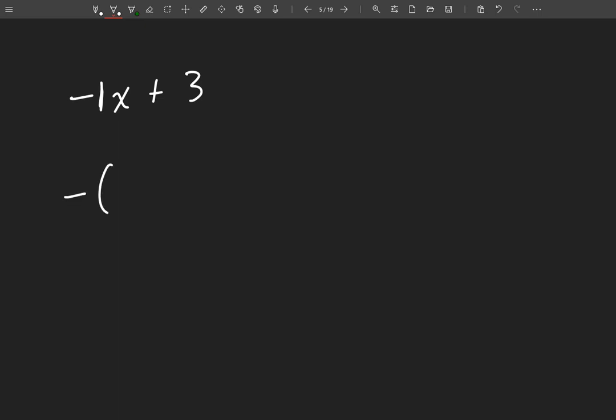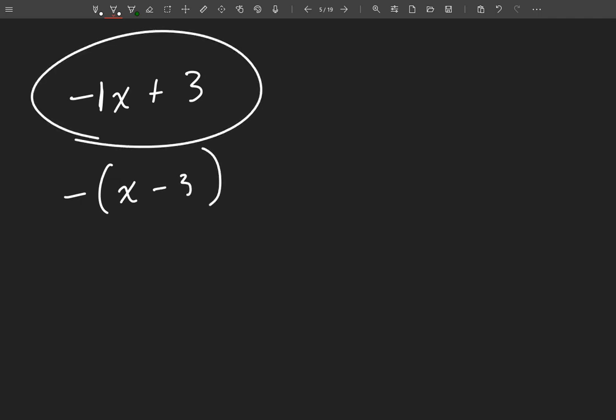Well, when I do that, I'm dividing by negative 1. I'm just switching all the signs. So it may not look like you can factor this because there's not much going on, but you can. As long as there's a negative in front, you can pull that negative out and it becomes a negative 1 times that stuff. So you have technically factored because you have a negative 1 times x minus 3. And again, whenever you see a negative out front, you always want to do this for the applications we're going to be using this for.